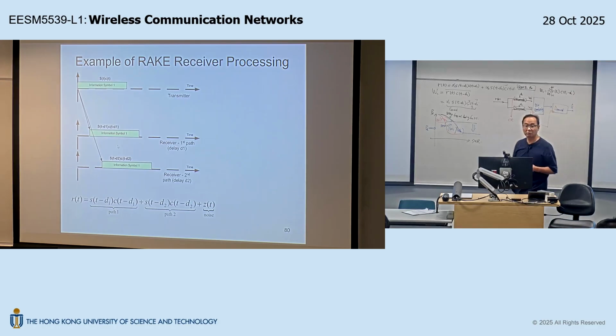Okay, so this is what we mean by average, right? So we take a symbol level average. We take these broken pieces, multiply with the chip on a chip-by-chip basis, add up over 64 chips, and divide by 64. That would be the despreader output.